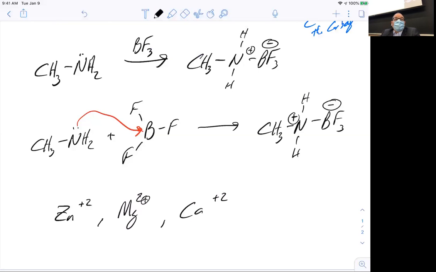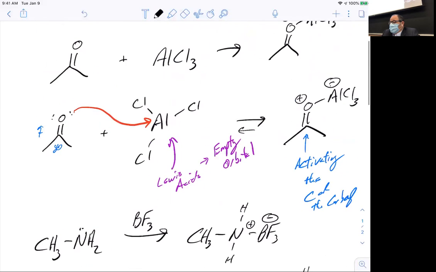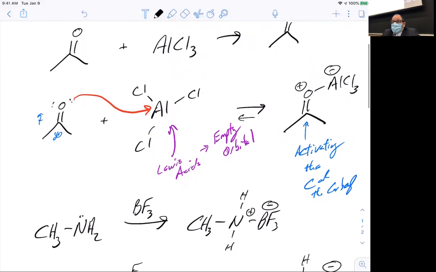And so although there are Lewis acid base reactions that result in a product that you want, often you see Lewis acid base reactions as being things that activate or modify a reaction for a second step. So in this case up here, we activated it to get a more electrophilic position.